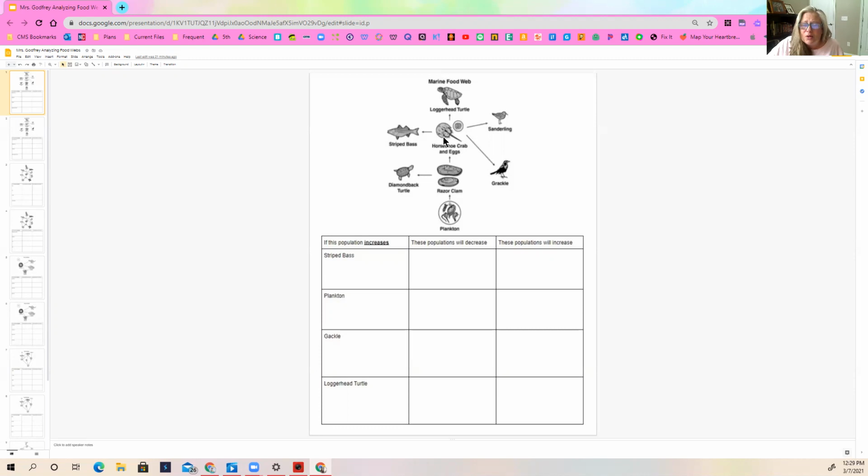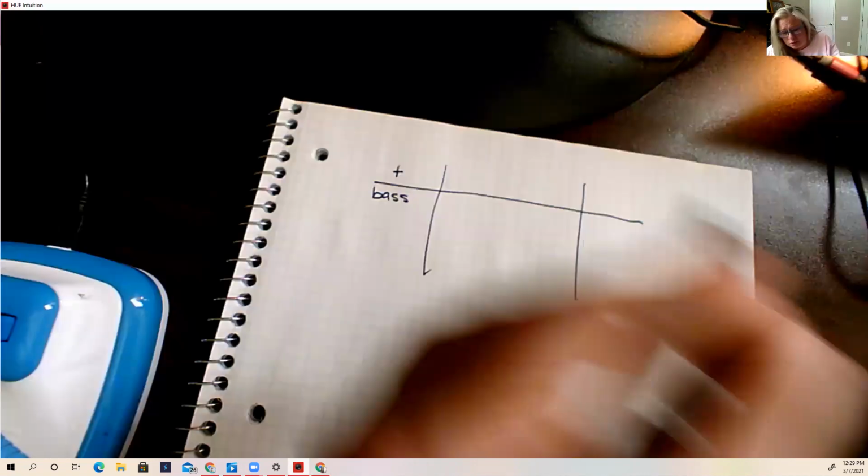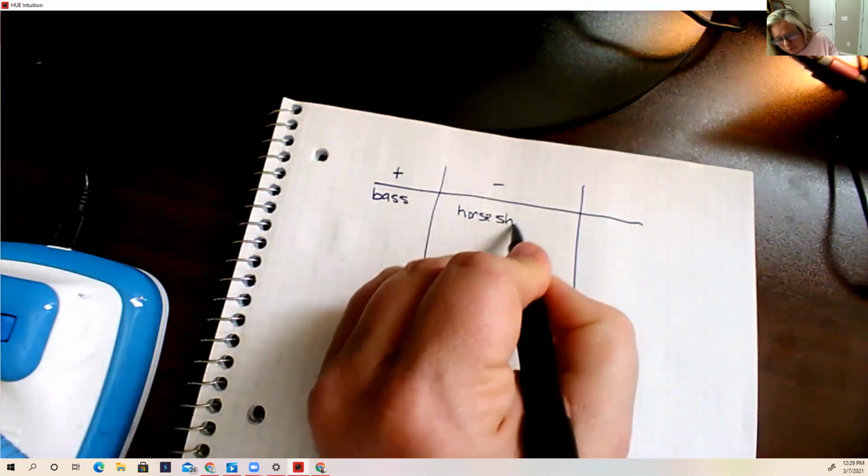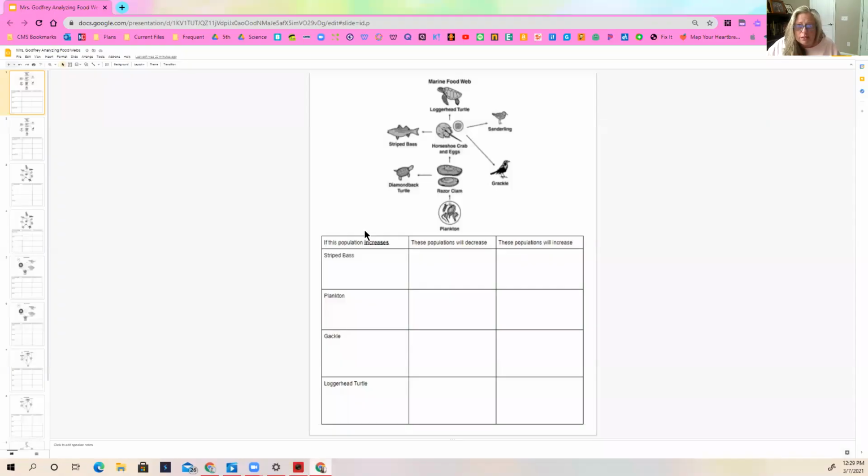And so then I think that the horseshoe crabs would be the ones that would decrease. So I'm going to put horseshoe crab right here, because if you have an increased amount of striped bass, then that means you're going to have less of these.